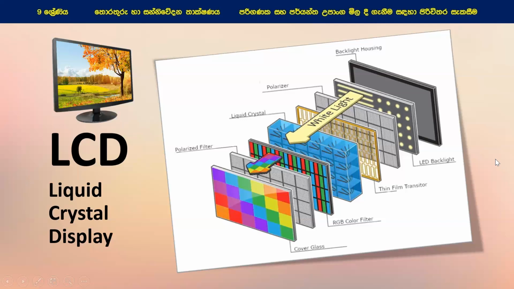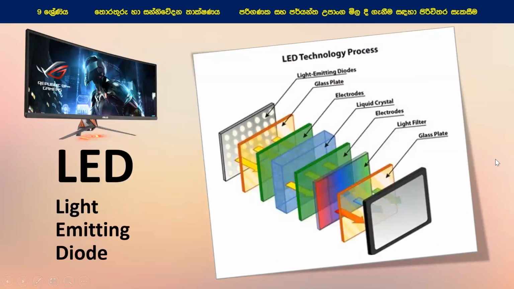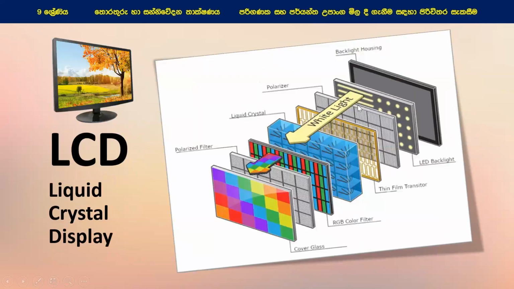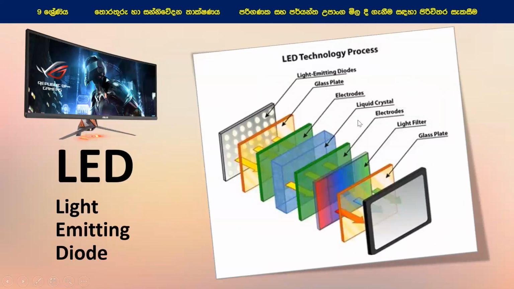So LED has similar kinds of layers, right? And the difference is that in LCD, we had this white light being decomposed into colors, but when it comes to the LEDs, they are not decomposing the white light. They have something similar, but it's different, with these glass plates and electrodes.